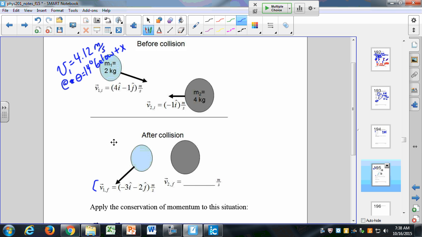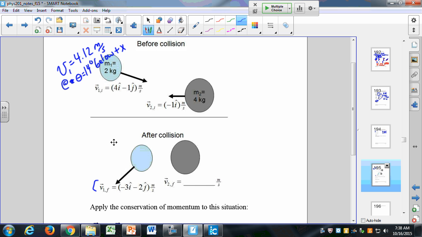If I gave you that, then you would just find what are the x and y components of the velocity. So the x component of this, 4.12 times the cosine of 14, is 4 meters per second, and 4.12 times the sine of 14 is negative 1 meters per second. Negative 1 because it's below the x-axis. You follow me on that?